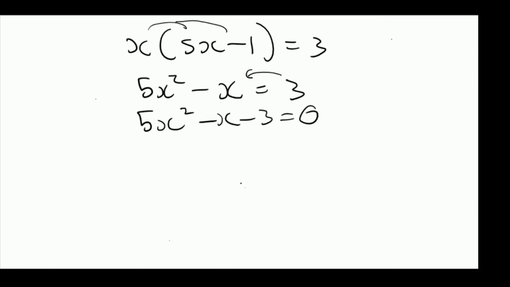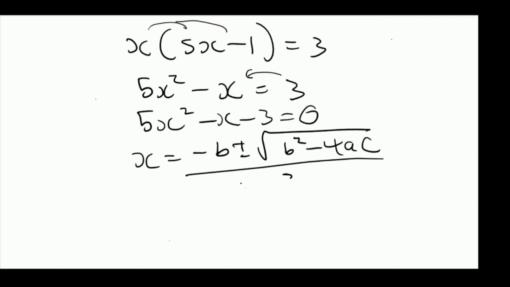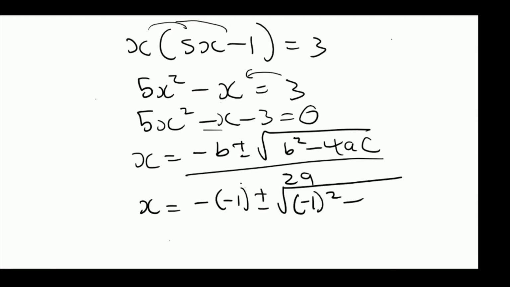So because we can't factorize the expression, we're going to use our quadratic formula, which is minus b plus or minus root of b squared minus 4ac, over 2a. So x equals minus, our b is minus 1, so it's minus minus 1, plus or minus root of minus 1 squared minus 4, our a is 5, and our c is minus 3.